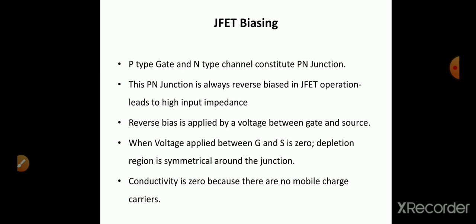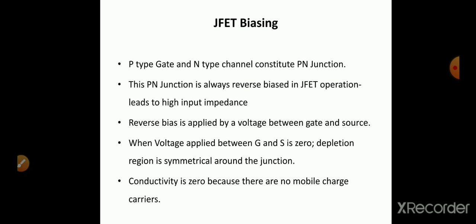Reverse bias is applied by the voltage between gate and source. When the voltage between the gate and source is zero, the depletion region is symmetrical around the junction. In this figure, a gate voltage, or the reverse voltage, is applied between the gate and the source terminal. When a voltage is applied between the terminals, depletion regions are formed.